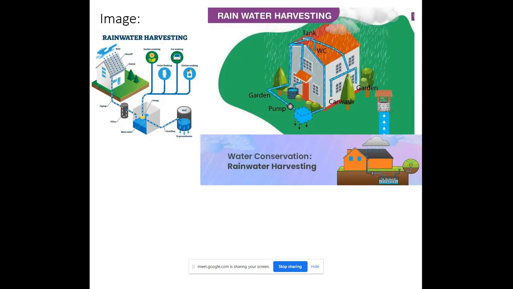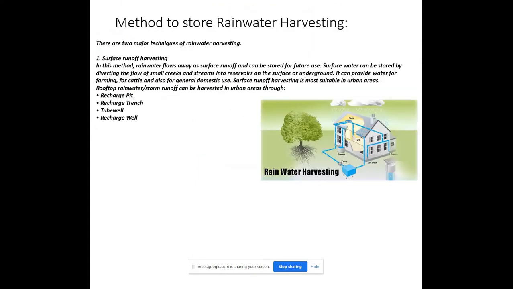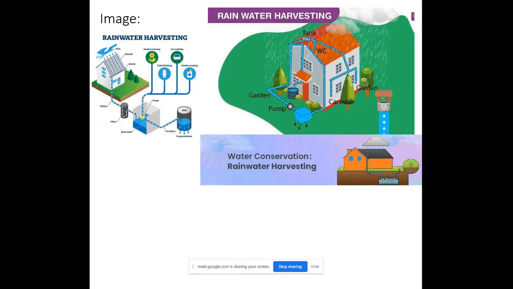There are a few methods to store rainwater. The first one is surface runoff harvesting. In this method, rainwater flows away as surface runoff and can be stored for future use. Surface water can be stored by diverting the flow of small creeks and streams into reservoirs on the surface or groundwater.